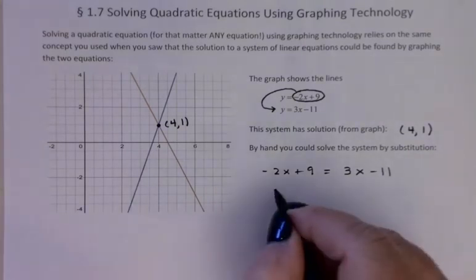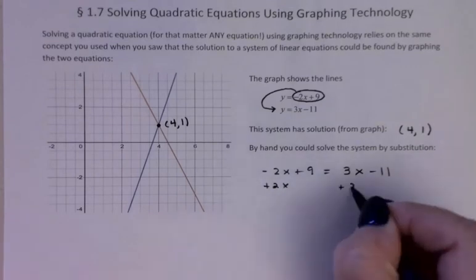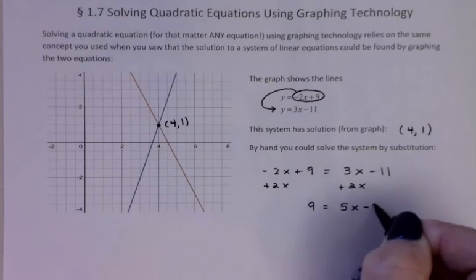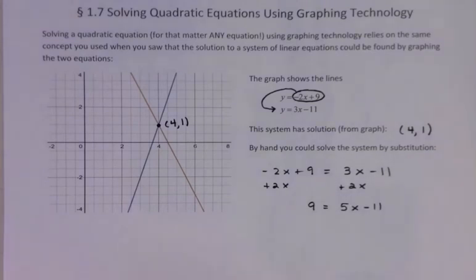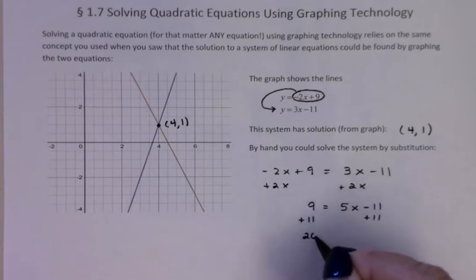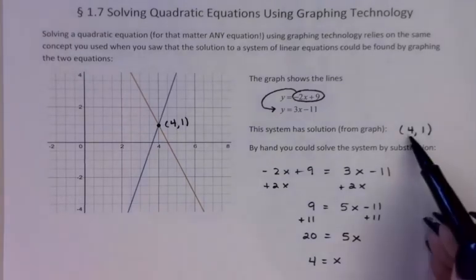That is a fairly simple equation to solve. We'll add the 2x. Let's see, add the 11. And then dividing by 5, we see that x is 4, which is exactly what we saw from the graph.